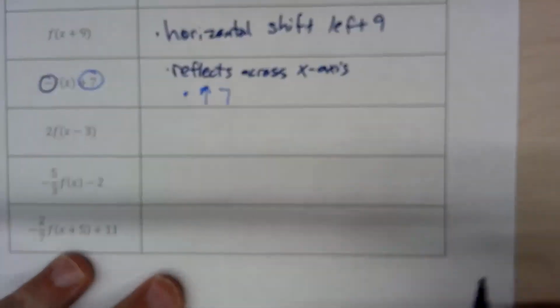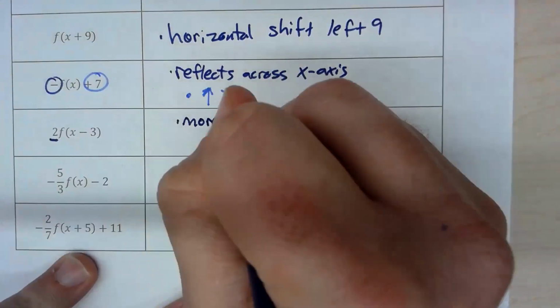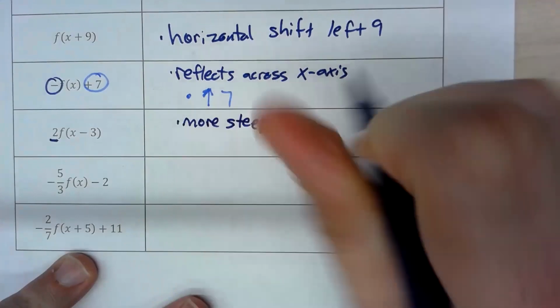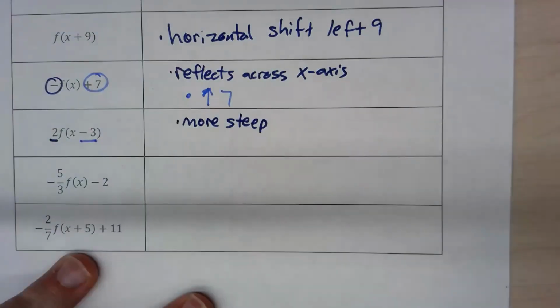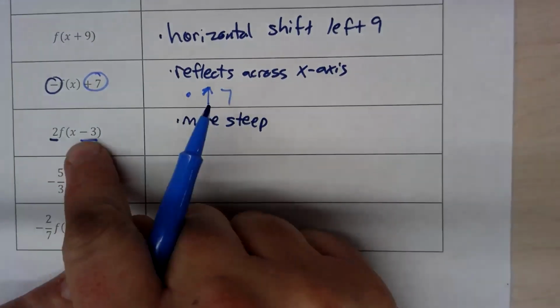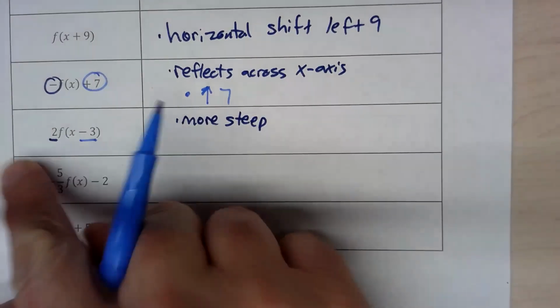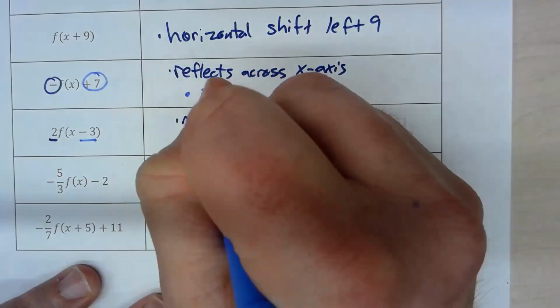So now multiplying by a factor of 2 makes it more steep. And subtracting 3 on the inside. Inside's horizontal. When I'm horizontal, I'm lying down. So I know -3 looks like it's going left on my number line, but this is really going to make it go right 3.